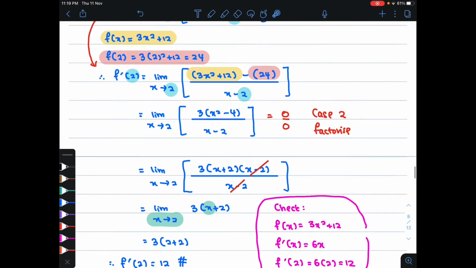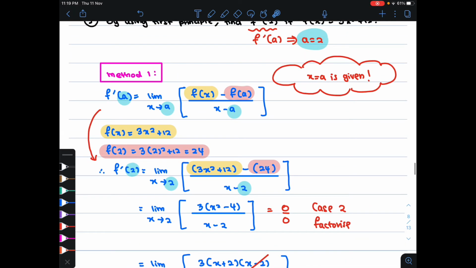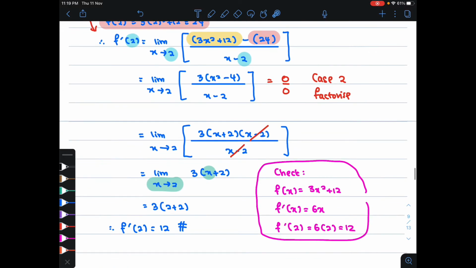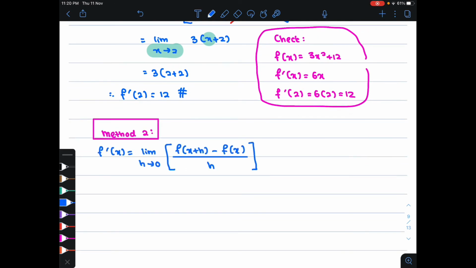So this is by using method 1, where you use the second formula of first principle. Now we're gonna try another method, in which we will apply the first formula of first principle. So we need f(x plus h) and f(x).